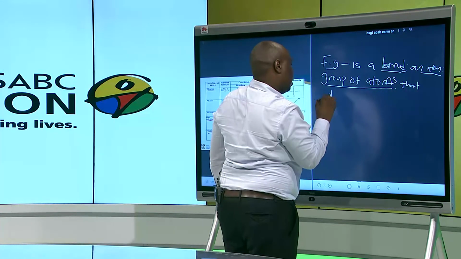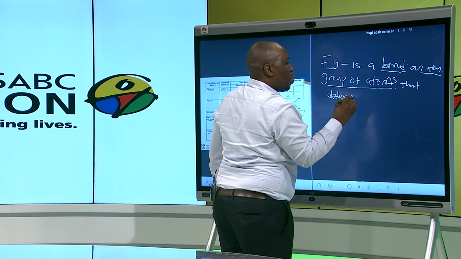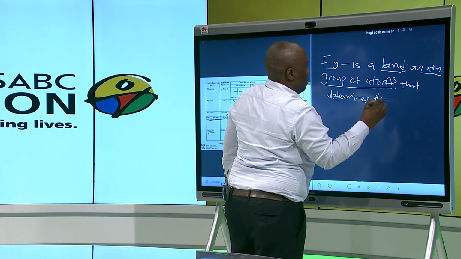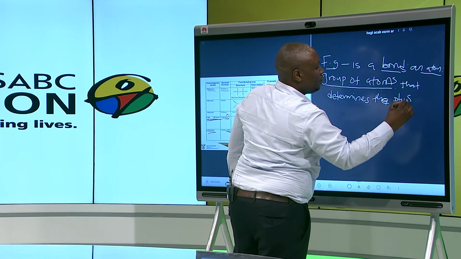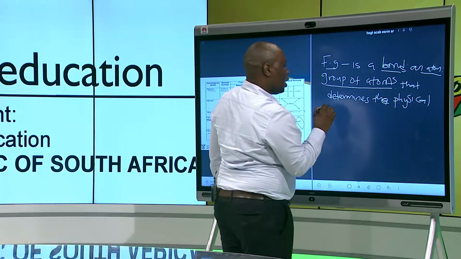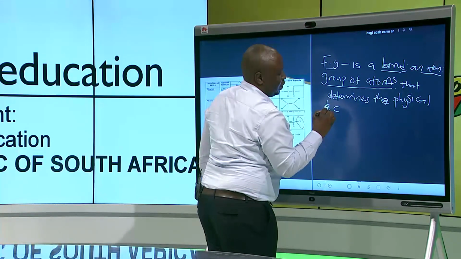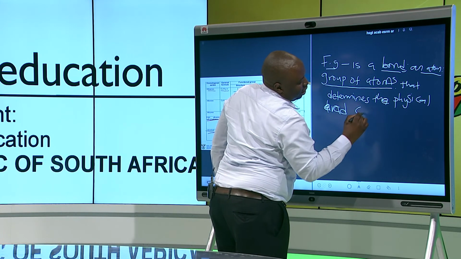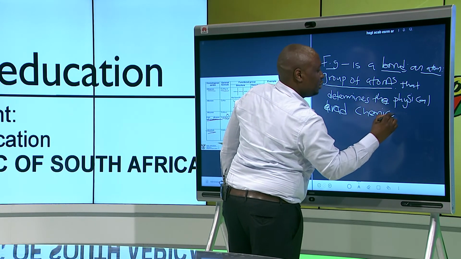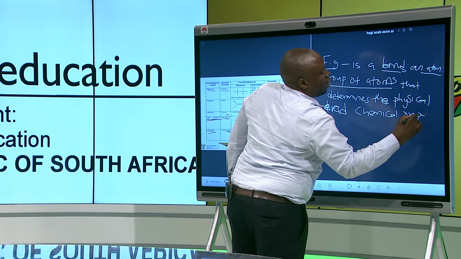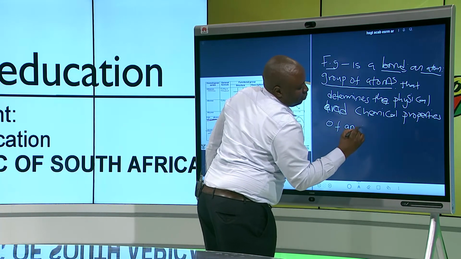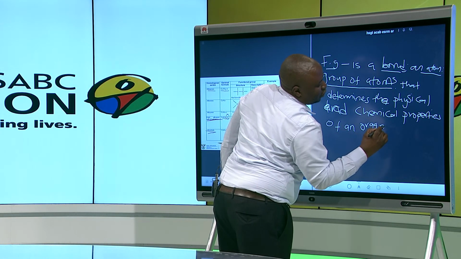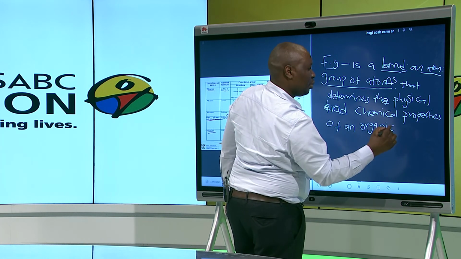the physical and chemical properties of an organic molecule. So that is our functional group.